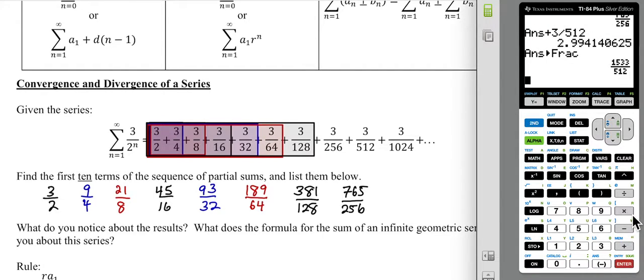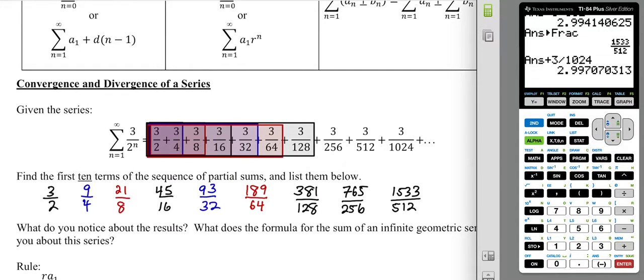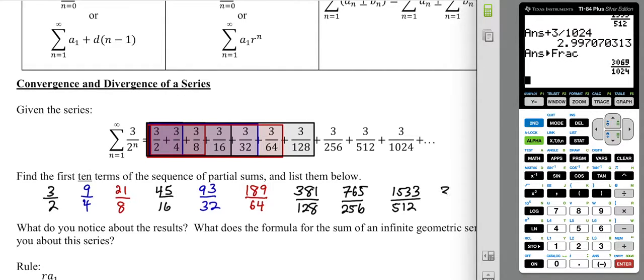So hopefully we're developing a little bit of comfort with the idea that this is going to converge to 3. But I have been fooled before, so we'll see. Alright, so this should be the last one. Math and enter. And we got 3069 over 1024.